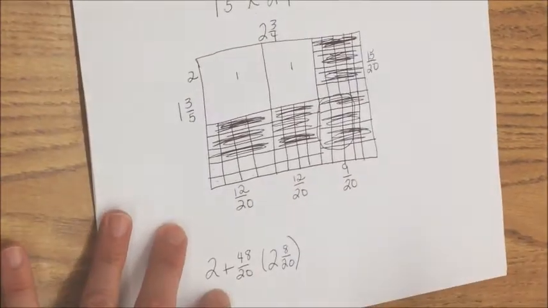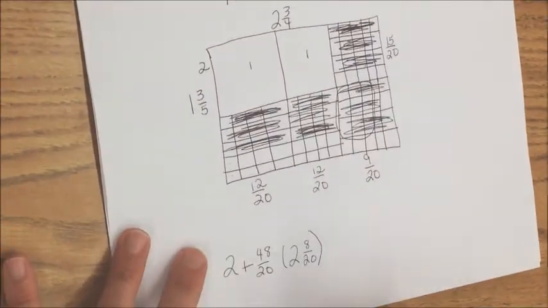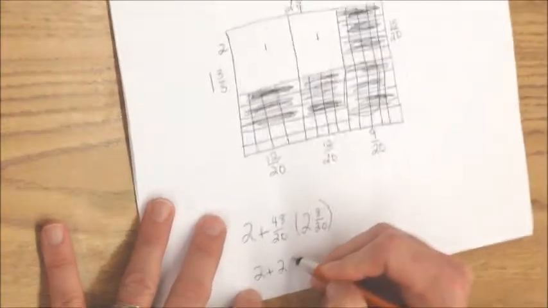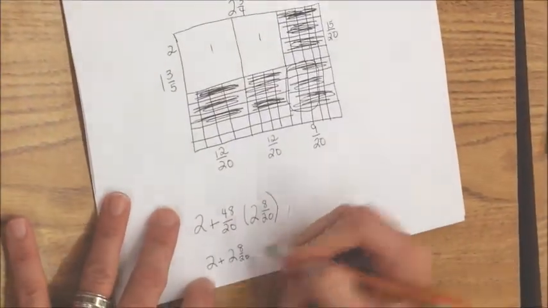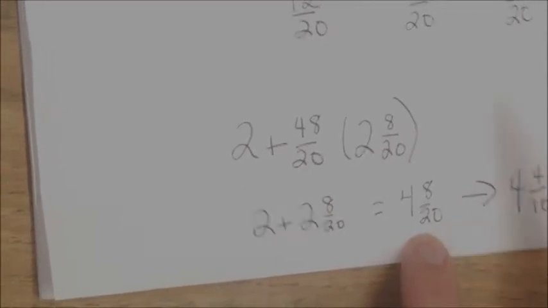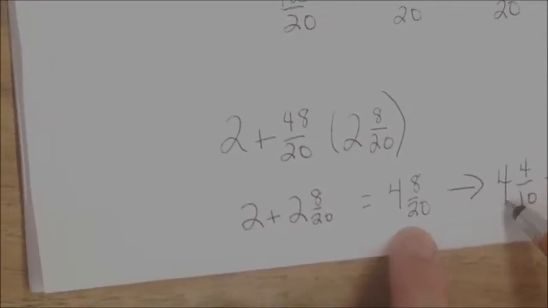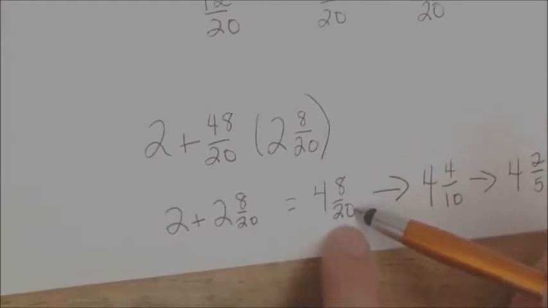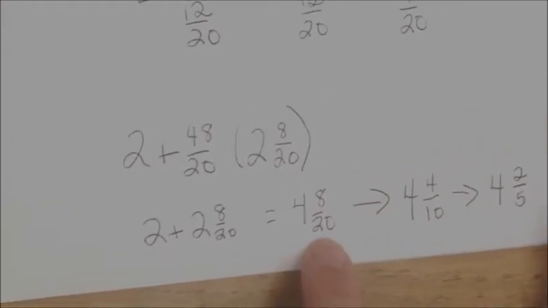So what I'm really dealing with here is 2 plus 2 and 8 20ths, which equals 4 and 8 20ths, which can be simplified to 4 and 4 tenths by dividing 8 and 20 by 2, since they both have that factor in common.